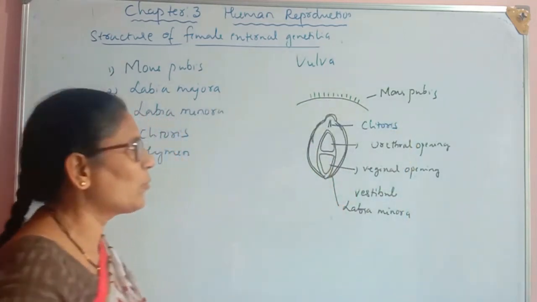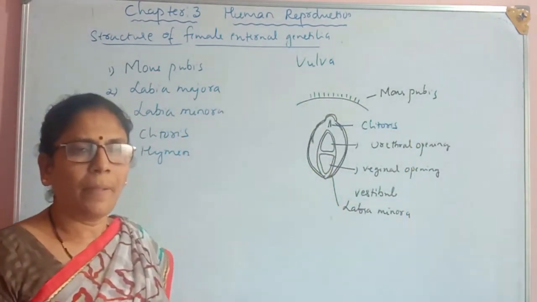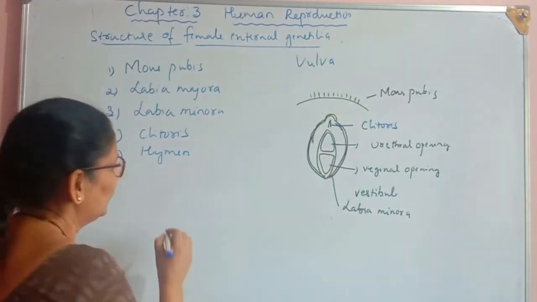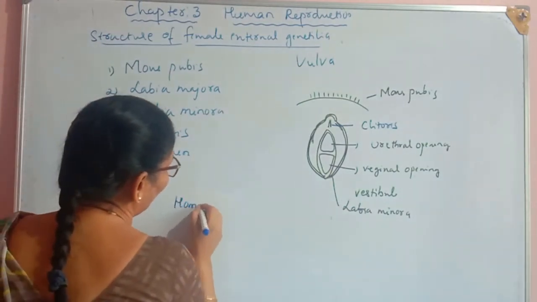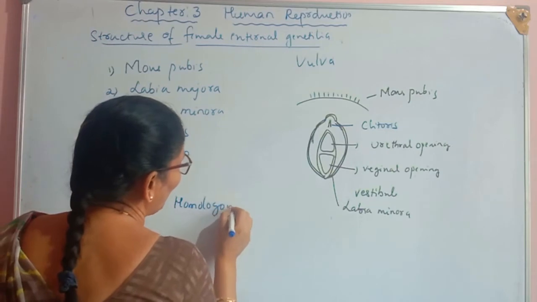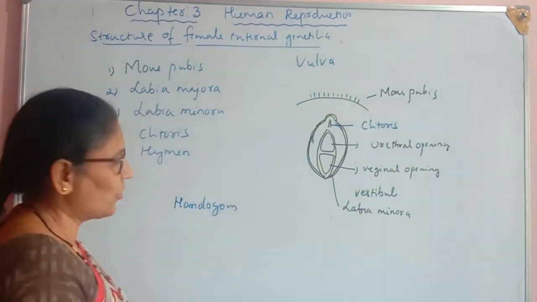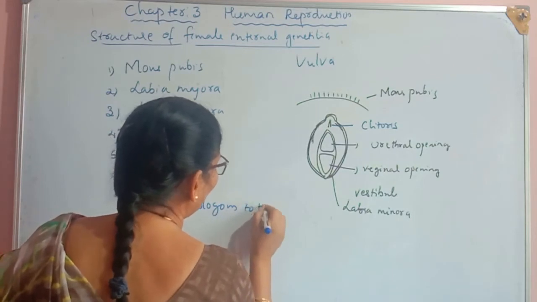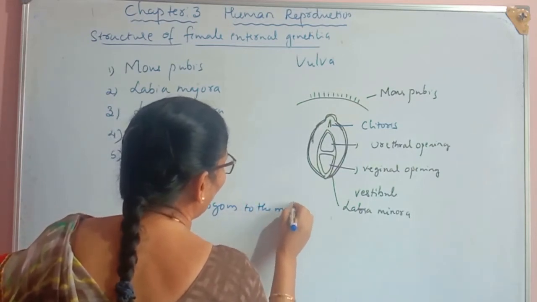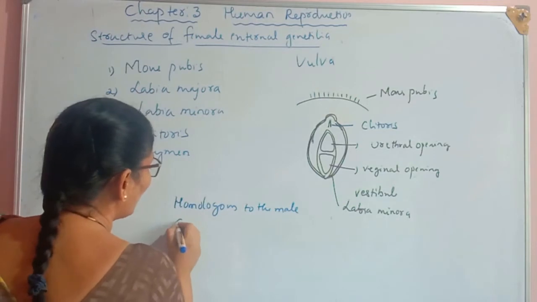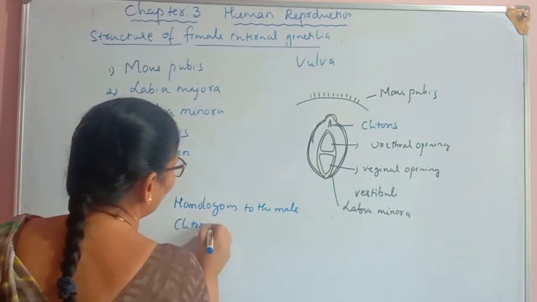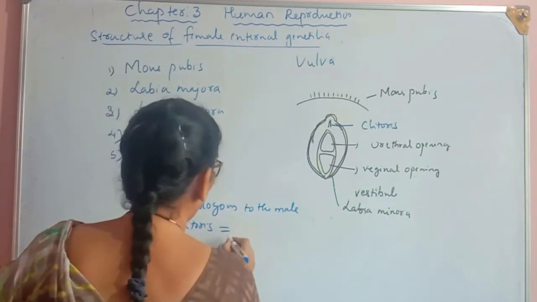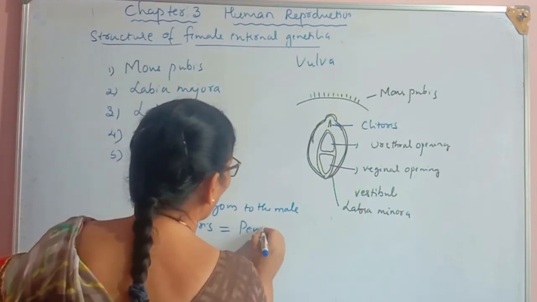The clitoris is homologous to the penis of the male. There are some organs which are homologous to the male reproductive system. So the clitoris of female is equal to the penis in the male.